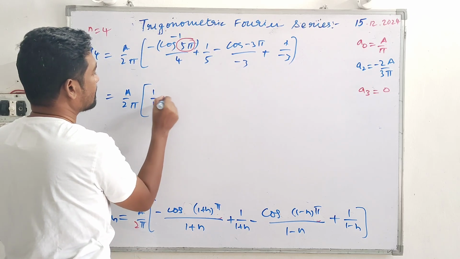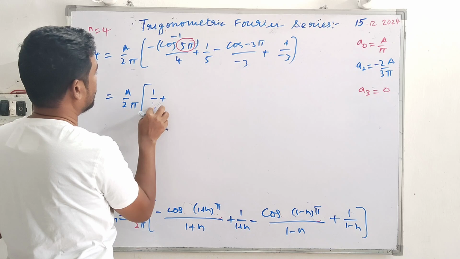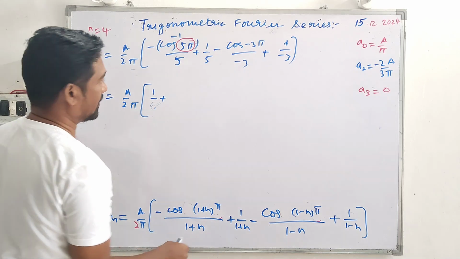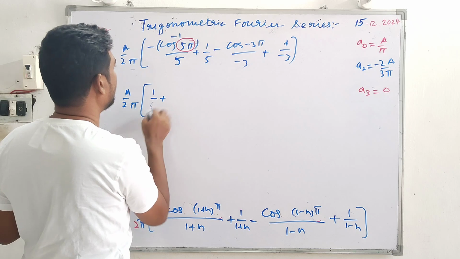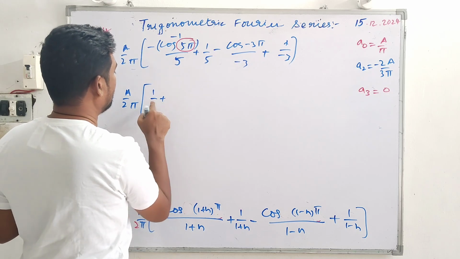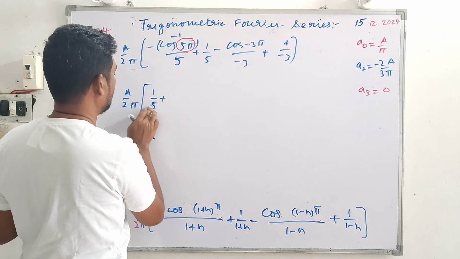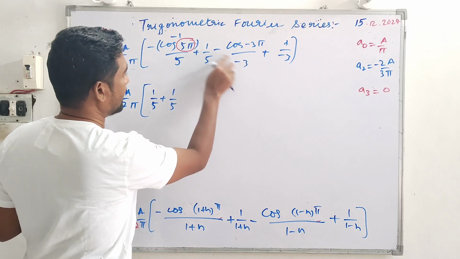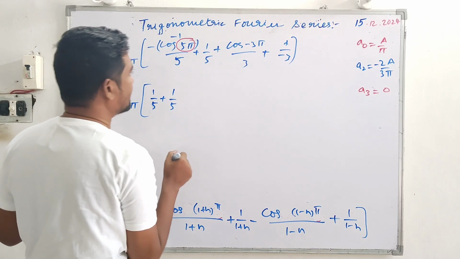So 1 by 4 plus, sorry, guys, it's a 4, so it will be 5. It will be 5 over here, n plus 1, right? N plus 1 and 3, yeah. Now this one will be 1 by 5 plus 1 by 5. This is negative, this will make positive, but still, let's check.